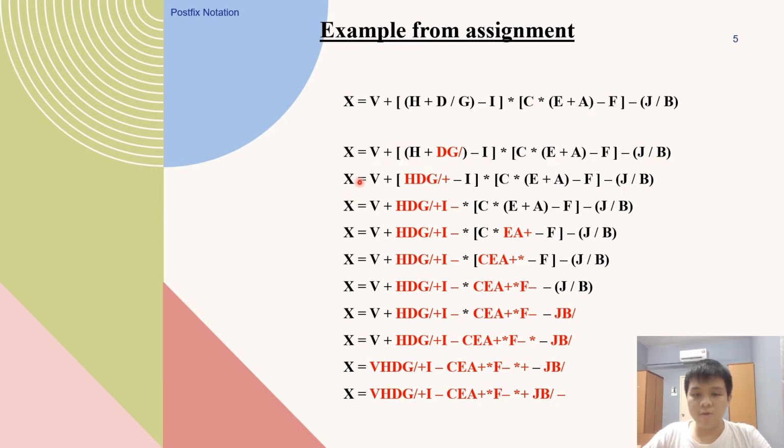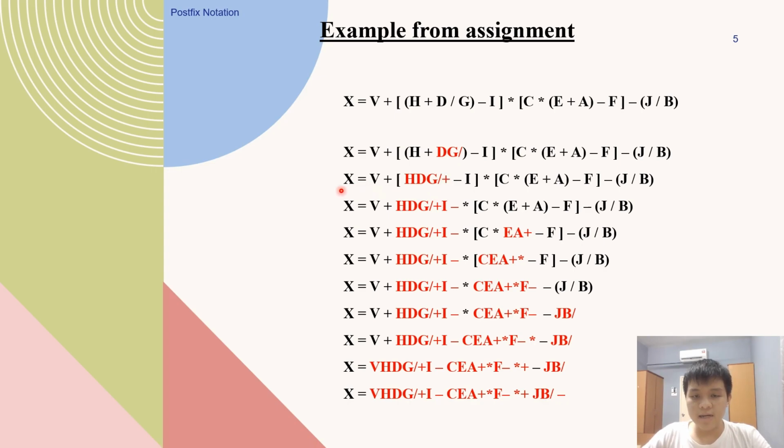And step 2, since we have done this, we will continue to do the inside of the bracket, the hash add. So this is one operand and this is one operand. So we move the operator to the back, so it will become hash D G divide add.